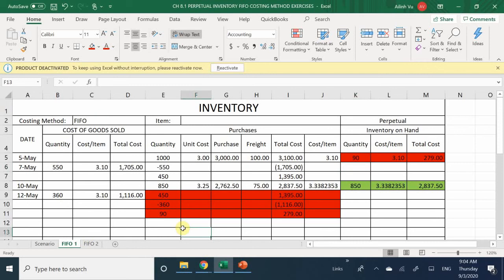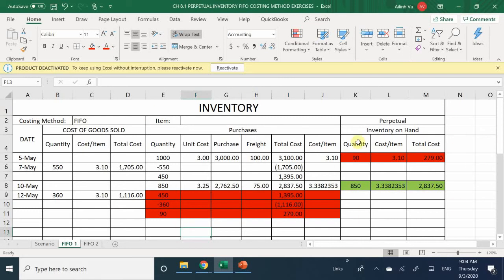Is everyone with me? As I keep doing my cost of goods sold, I'm transferring it into my workspace, which is my purchases area. I'm going to edit the information so that my inventory on hand reflects how much I truly have.